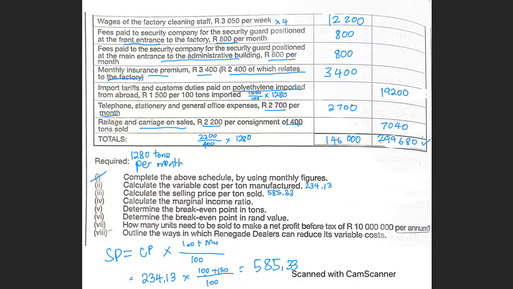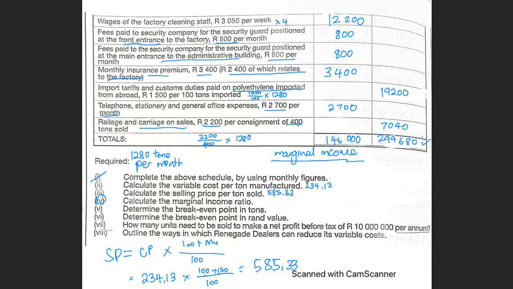Then the next question said to you to calculate the marginal income ratio. Your marginal income ratio is calculated as your marginal income over your sales. They just said calculate the marginal ratio, but we have your figures in per unit as it stands, so we'll work it out per unit.